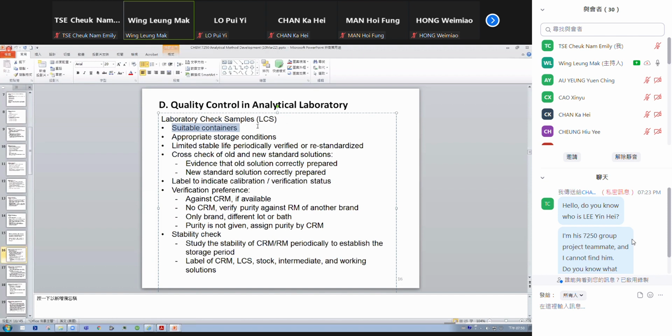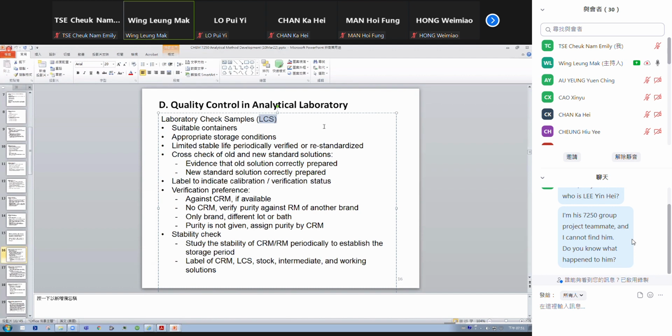Some containers should be airtight, or protected from light, or not easy to break, to protect your LCS. That LCS, laboratory check sample, you will put into your analytical sequence and analyze in parallel with your sample batch.